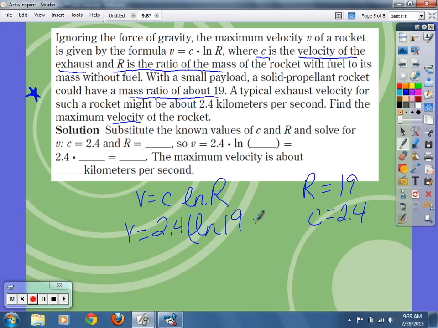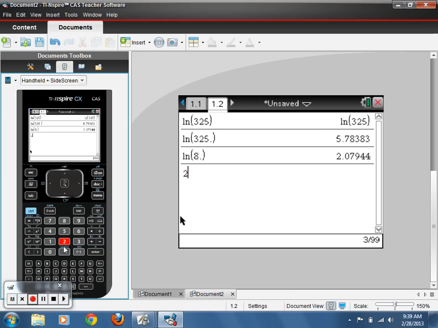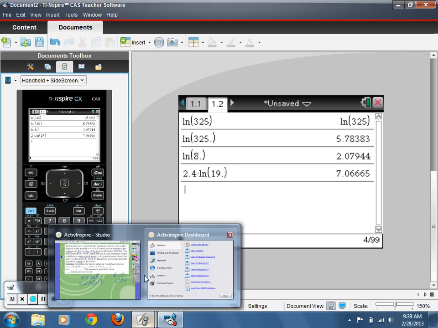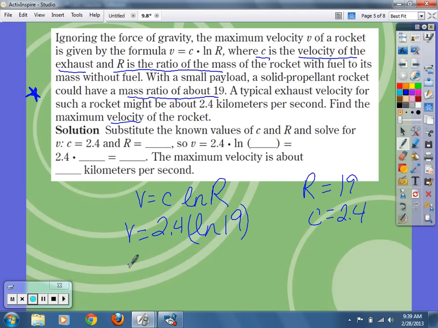Keep in mind that natural log of 19 is just a number. So 2.4 natural log of 19. I'm going to throw in that decimal. Got 7.066. They went to the nearest tenth here. It says about 7.1 kilometers per second.